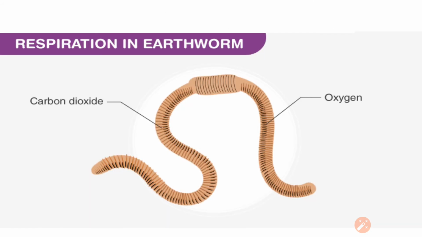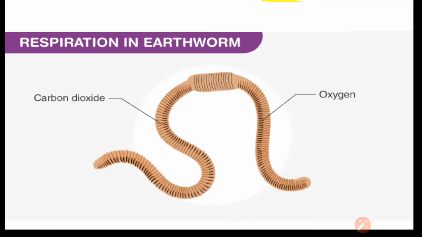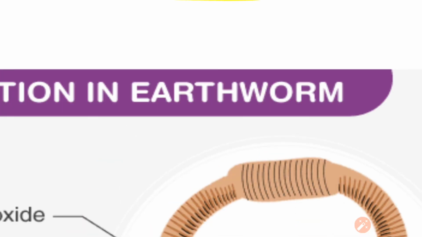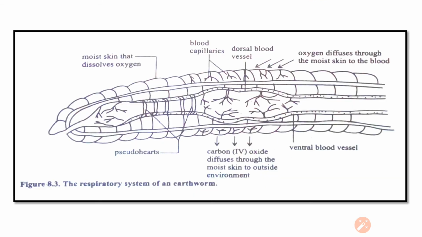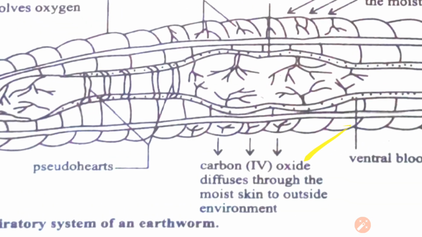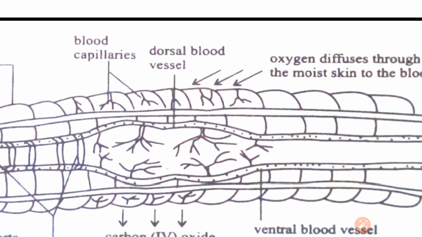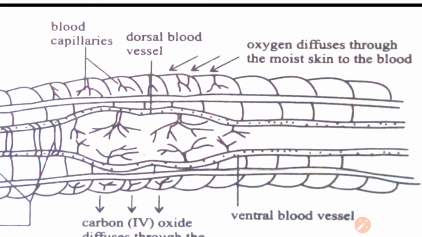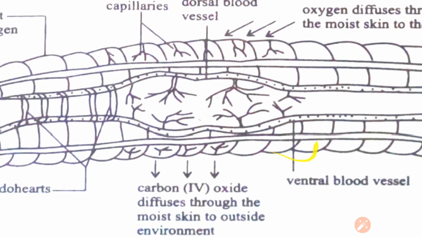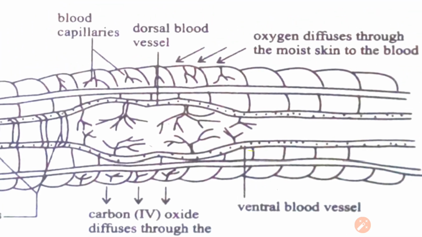Look at respiration in the earthworm. Look at the diagram very well. You can see the oxygen diffusing in and the carbon dioxide diffusing out of the system. Okay. In a more physiological approach, let me zoom for you. You see the moist skin in which the oxygen dissolves, and then you see the blood capillaries, and then you also see the dorsal blood vessels where oxygen diffuses through the moist skin to the blood.